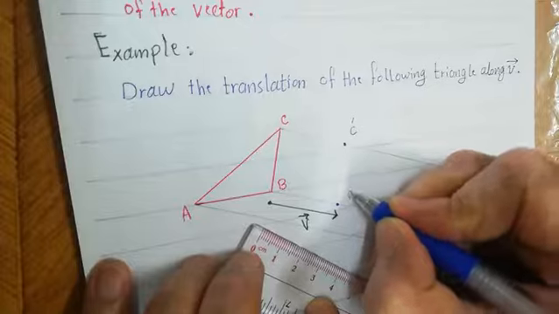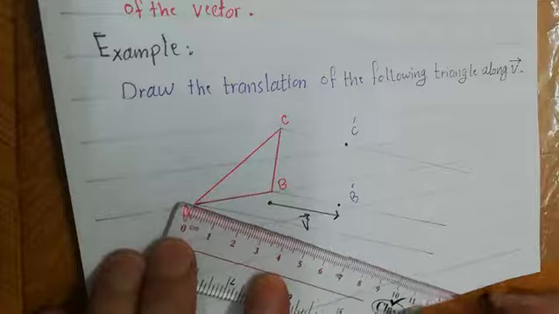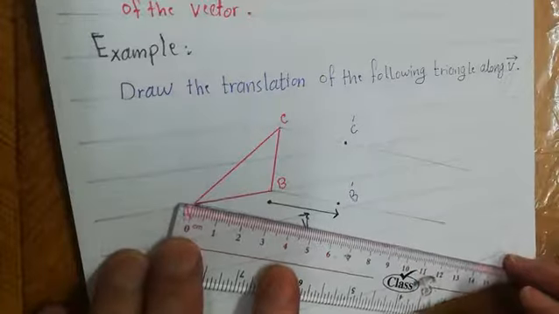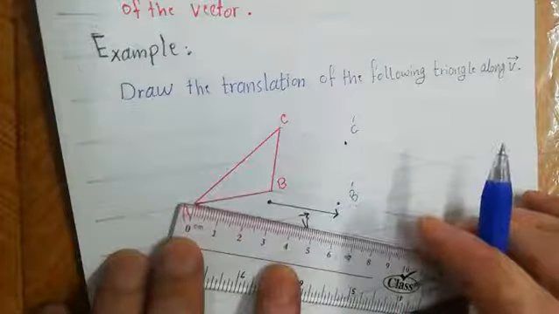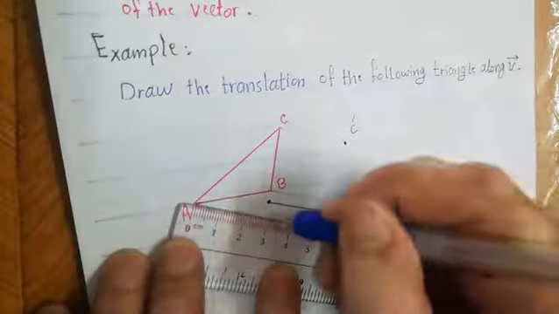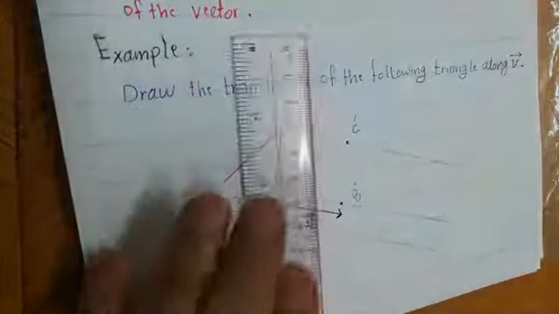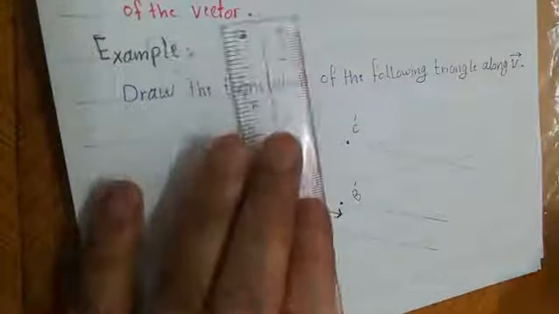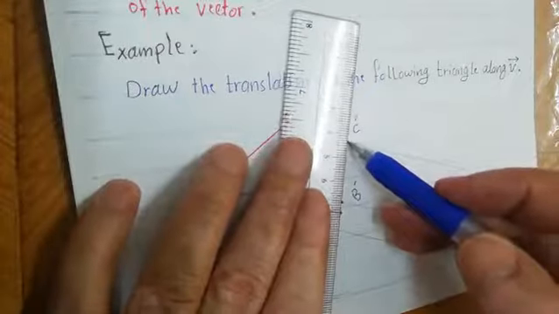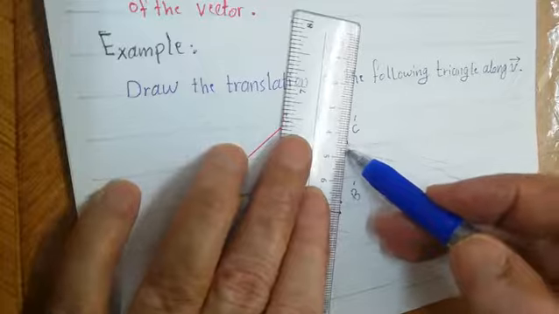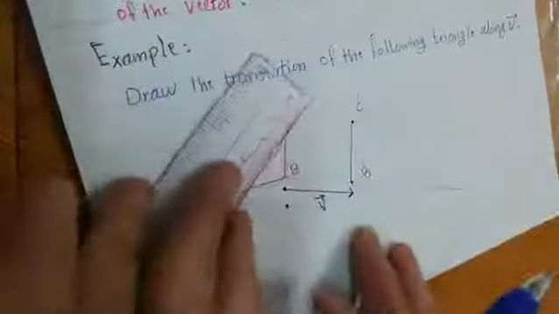B dash, and for A, the same distance in this direction. It's here. Then I will draw my result, or the image.